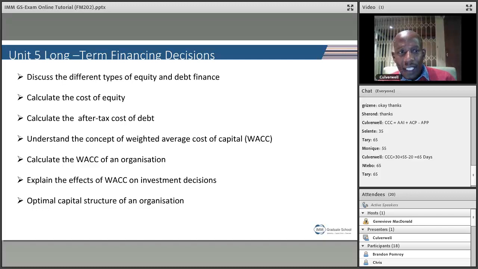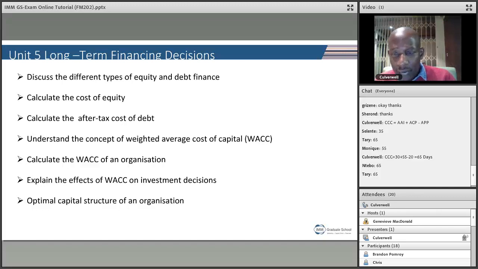If the company is paying dividends, we use the dividend growth model. If the company is not paying dividends, we use the capital asset pricing model called CAPM, the one that says Rj is equal to Rf plus beta, open brackets, Rm subtract Rf. That's what we refer to as your CAPM.